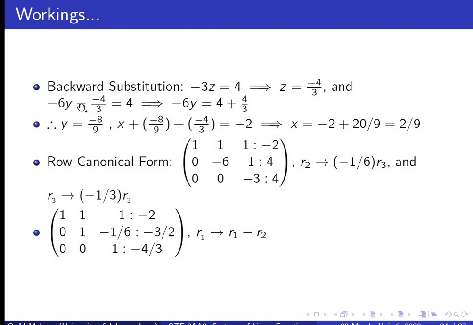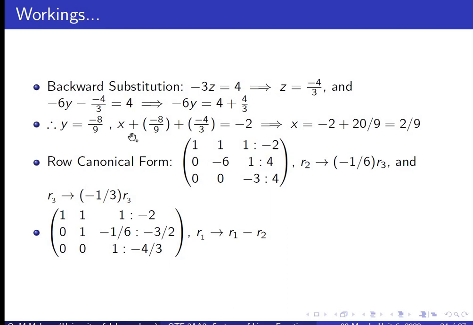So all in all, we have negative 6y minus 4 over 3, and when I take this expression, minus 4 over 3, to the other side, I get a positive, right? So negative 6y is equal to 4 plus 4 over 3. I simplify it further to get y is equal to negative 8 over 9.